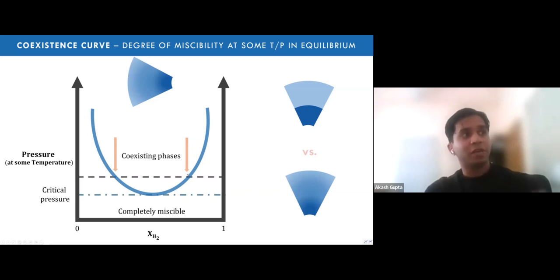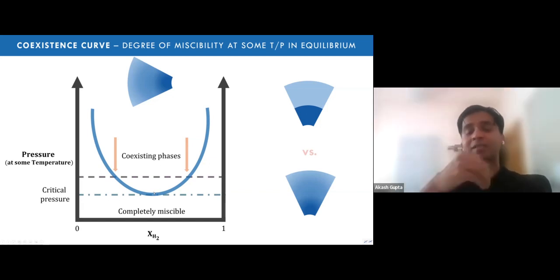So you can get data points, for instance, at some temperature and pressure, showing how much things can mix. At another place, we can get a data point here. That basically helps you pan out how exactly this coexistence curve looks, and that can then tell you the critical pressure at a given temperature.